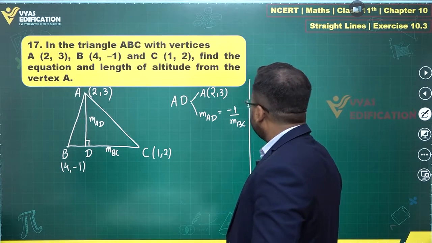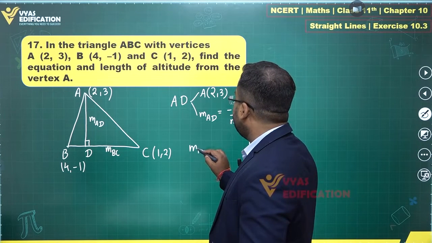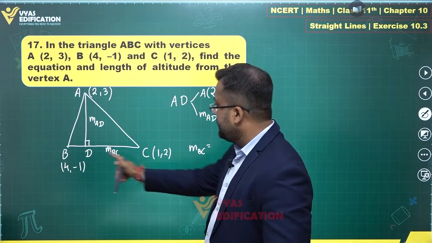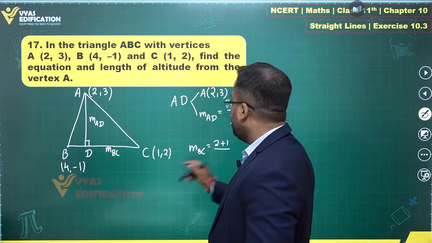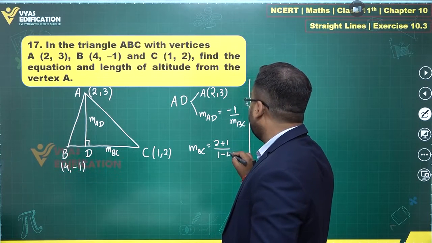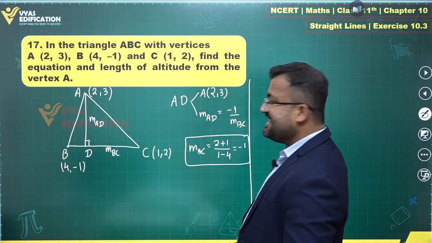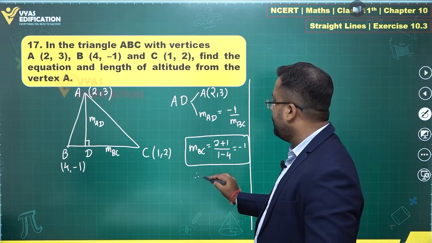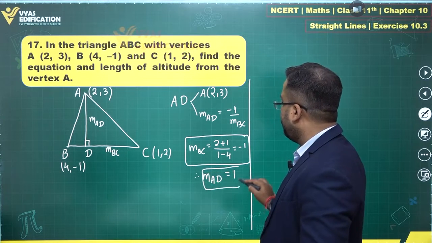So we are interested in slope of BC first of all, right? M of BC, the slope of line segment BC is y2 minus y1, which is 2 plus 1 upon 1 minus 4. What is that? 3 upon minus 3, which is -1. And using this, M of AD will be equal to the reciprocal with the minus, this will be equal to 1.